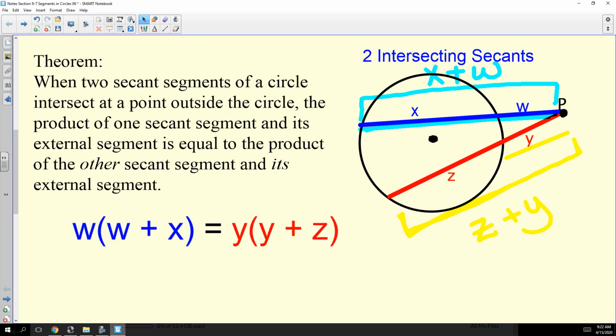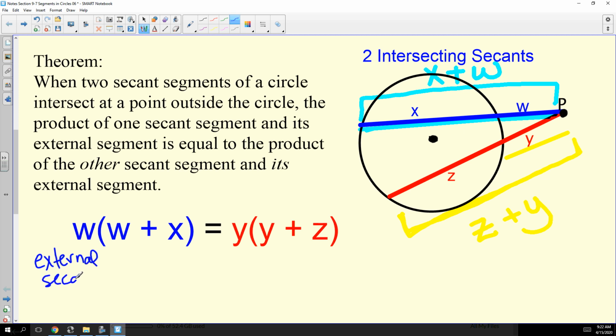W times w plus x, the external times the whole secant segment, is going to be equal to the external times the whole secant segment. So I do like to write the external in words. I think it's a good idea for you to write it in words.